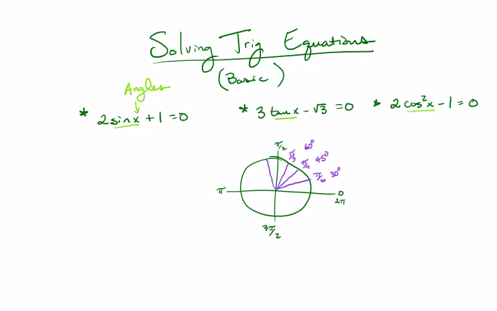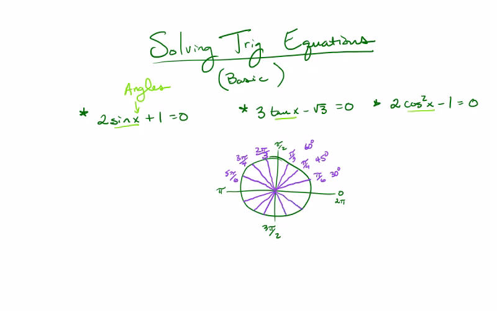We also would have 2 pi over 3, 3 pi over 4, 5 pi over 6. I'll label just the radians because I'm going to stay in radians for the most part. And your answer is just going to be the angles that make these equations true. So these are going to be our answers.